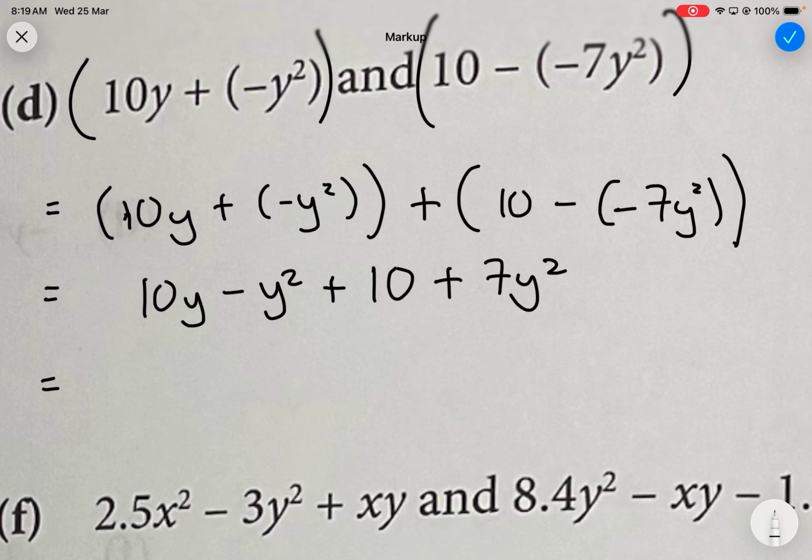Okay? So I am subtracting positive 8y squared. That's why minus 8y squared. I am subtracting negative 7. Minus negative 7 become plus 7. Okay? This will be the common mistake that students miss out: changing this minus to plus.